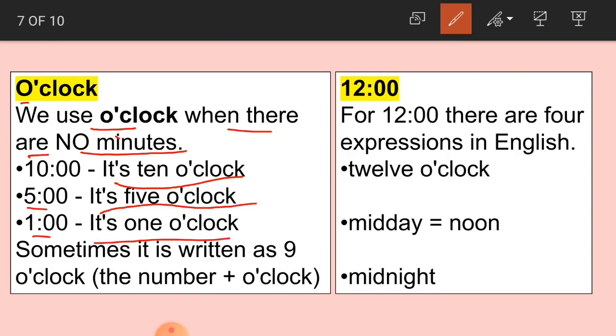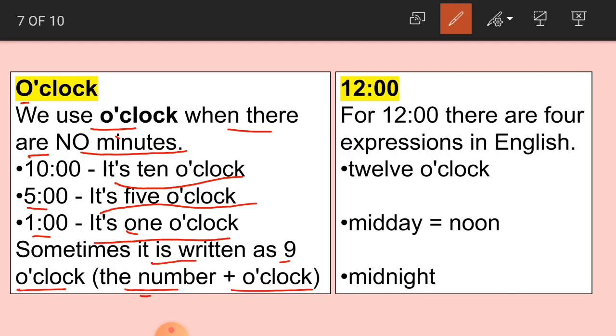And while writing also children, you have to remember after O you have to put one apostrophe. So this is how you write and you also pronounce. Sometimes it is written as 9 o'clock, like the number plus o'clock. You can write it by giving the number, or you can write the number in words also.